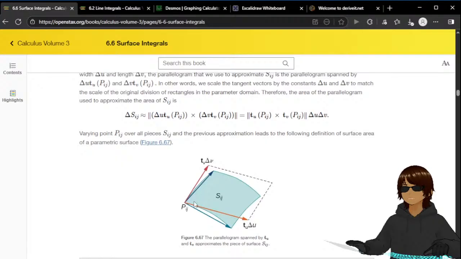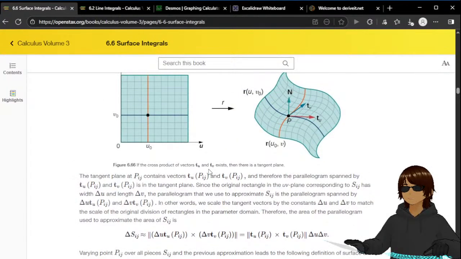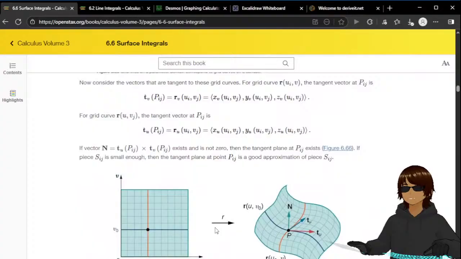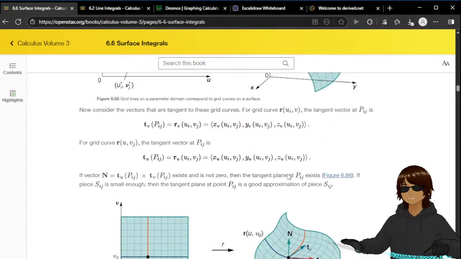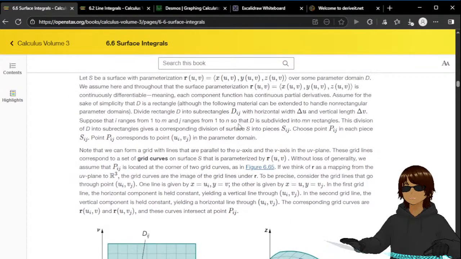So delta v. Hold on, what is the length of Sij? The domain is divided into intervals of delta v, delta u. How is Sij divided?